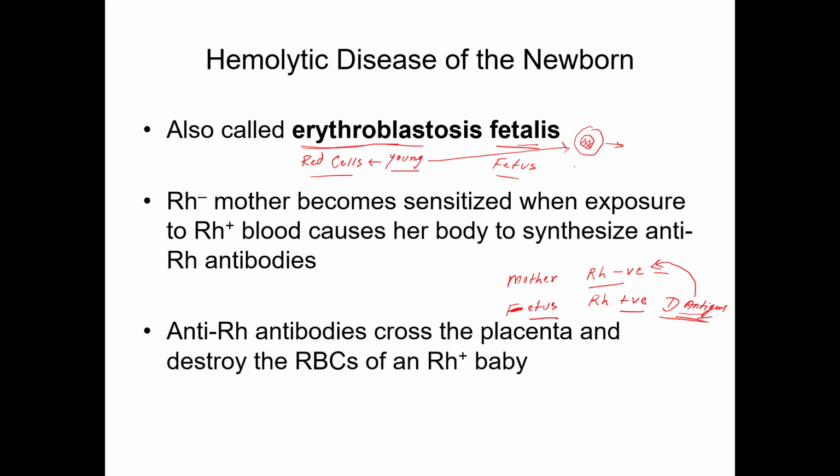So when D antigens enter into the mother's body, it is a natural response, the mother's body will produce D antibodies against it. So the D antibodies will start to produce in the mother's body.